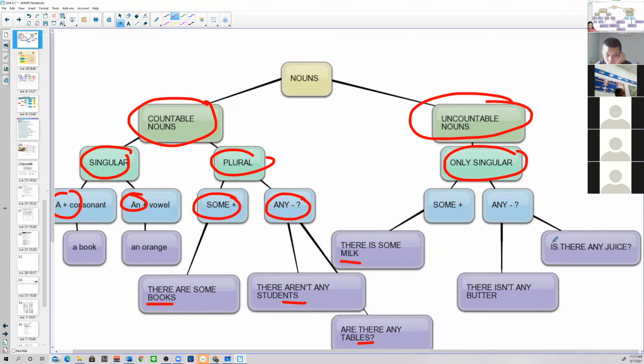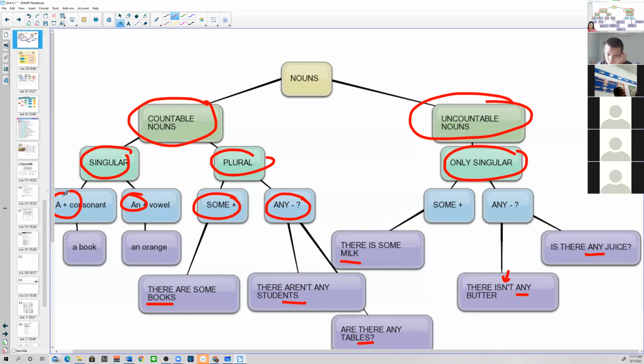That's for questions, we're using any. Or negative form, we're using any also. There isn't any butter. So milk, juice, butter, they're all uncountable nouns. Books, students, tables, they're all countable nouns, but in the plural form. That's why they use some or any.